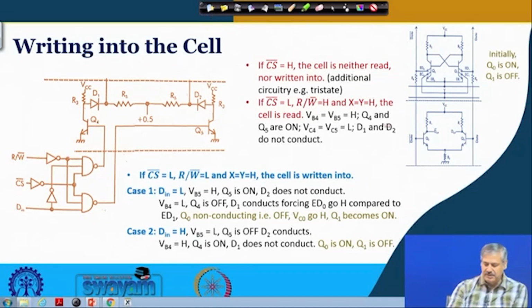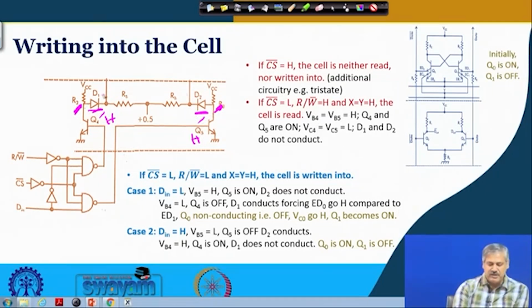Then rest of the thing is, this is high and this is high. So these two transistors Q4 on and Q5 on. So this voltage over here is very small. This voltage here is very small, 0.3 volt, 0.2 volt, 0.1 volt of that range. Right. So then this diode is off. This diode is off.